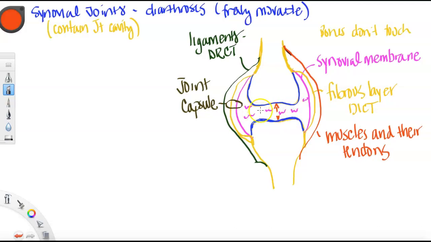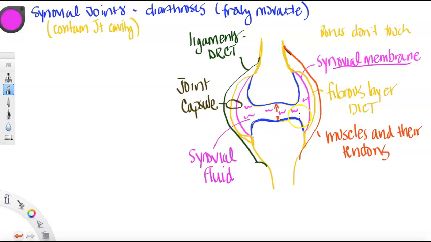And there's also this fluid in here. So inside there is synovial fluid. Synovial fluid is produced by the synovial membrane. It's made up of blood.